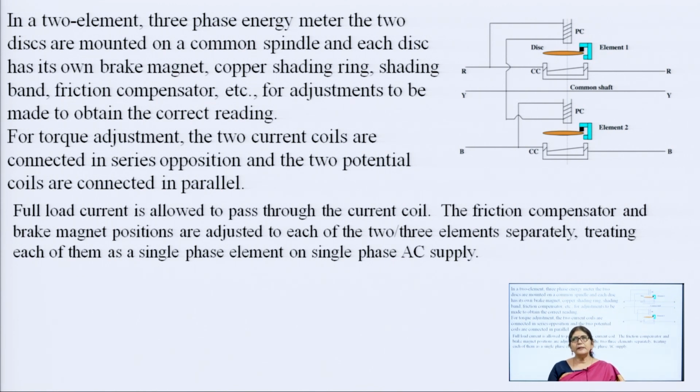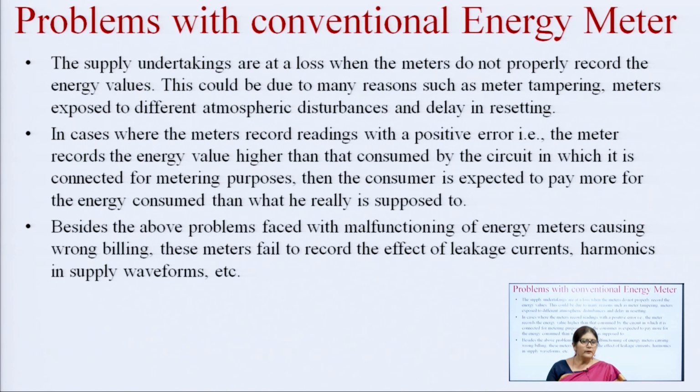Here we can see that the 2 meters are connected separately. They have separate series coils, shunt coils, and discs, and the magnet is also different. In this way we can measure the energy consumed in a 3-phase supply.